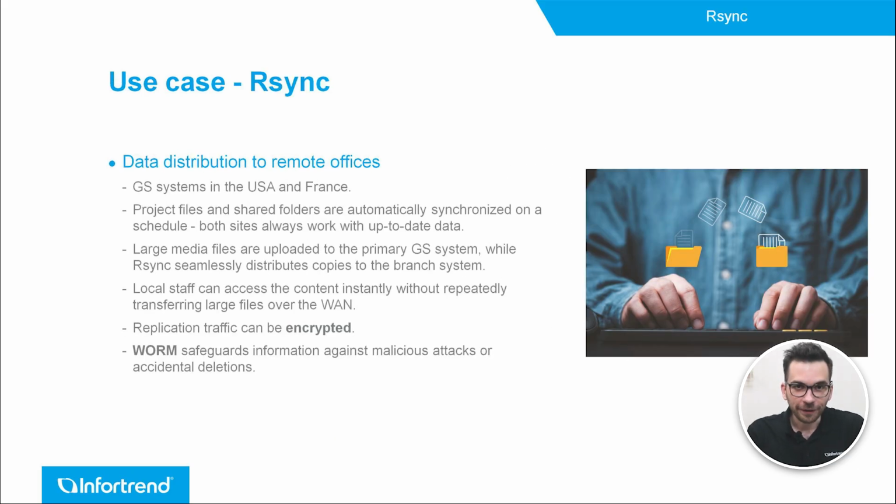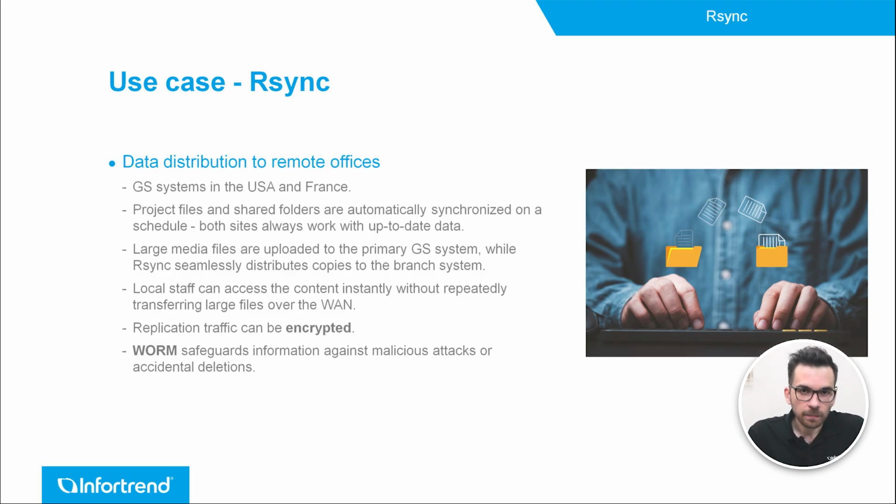Now, a real-life use case where Rsync was the most suitable replication option available. A company runs an InfoTrend GS system at its headquarters in the USA and another at its branch in France. With Rsync replication, project files and shared folders are automatically synchronized on a schedule, ensuring teams on both sides always work with up-to-date data.